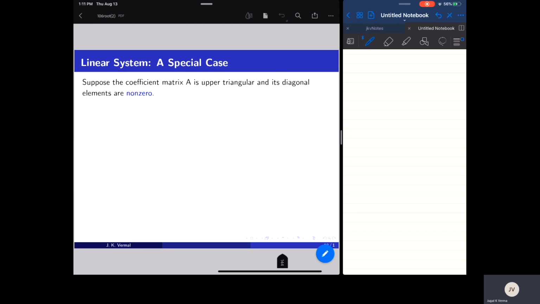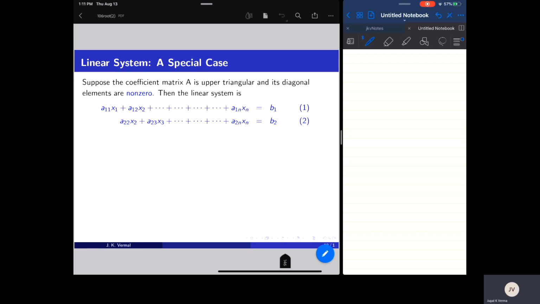So let us now discuss a particular case of system of linear equations. We will see that this particular case gives us enough experience to tackle the general case. So in this particular case, the coefficient matrix is upper triangular and its diagonal elements are non-zero. So we have n equations in n unknowns. The first equation has all the variables x1 up to xn.